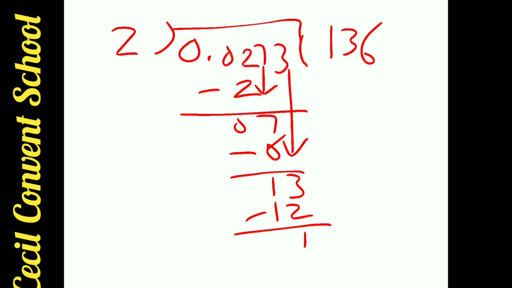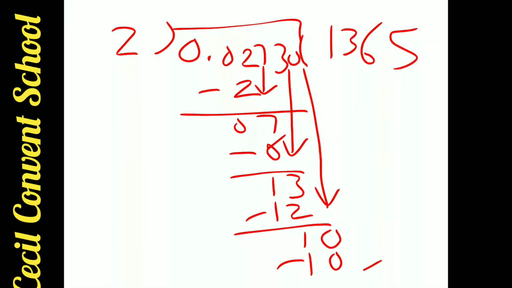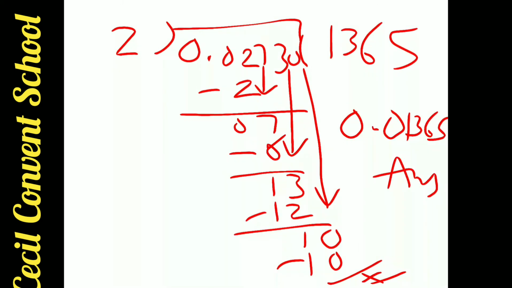As you know that after decimal how many zeros you want, you can take, you put a 0 here. Clear? So it comes 10, 2 5s are 10. So decimal will come after how many digits? It will come after 1 2 3 4 5. So answer will be 0.01365. Clear? This is your answer.